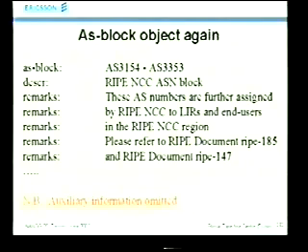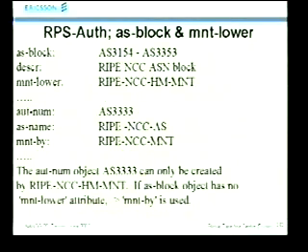So here's an AS block object again. Here is AS-block and mnt-lower. Here's an example. This aut-num object here can only be created by this maintainer or by somebody with the key to this maintainer. Okay? If the AS block object does not have this mnt-lower attribute, then you use the mnt-by attribute, which is not shown.